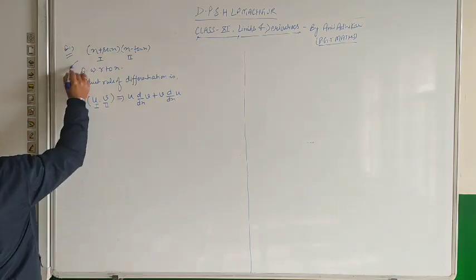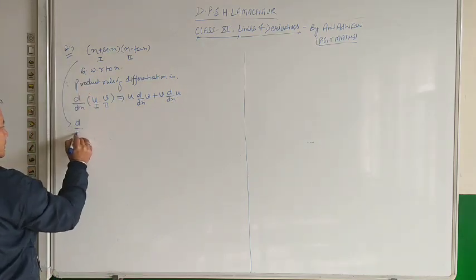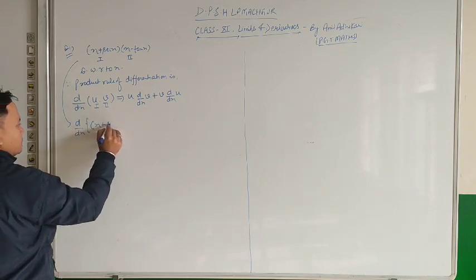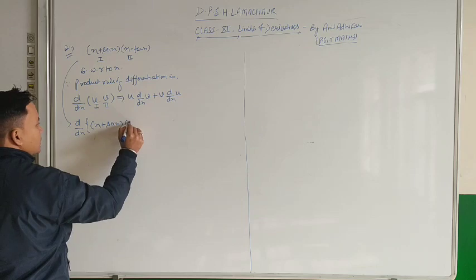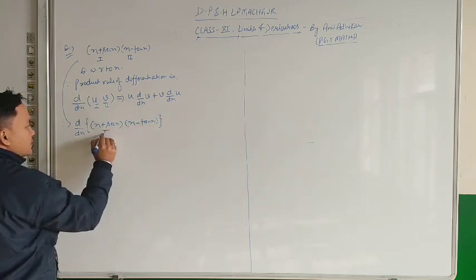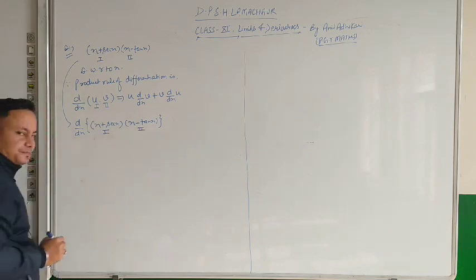In a similar manner, d by dx of (x plus sec x) and (x minus tan x), let it be first and let it be second.